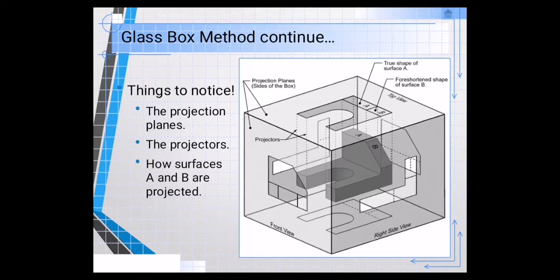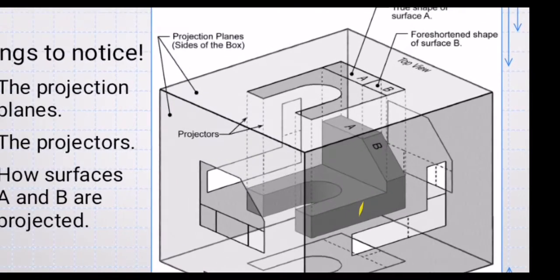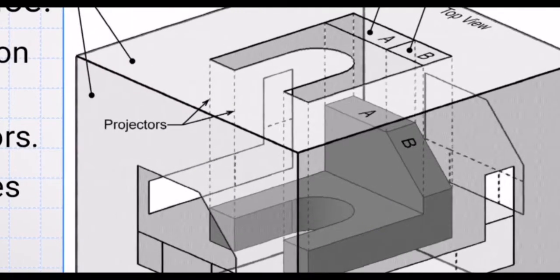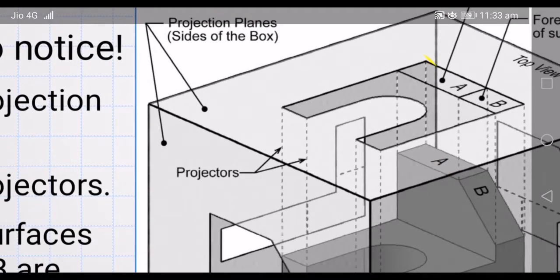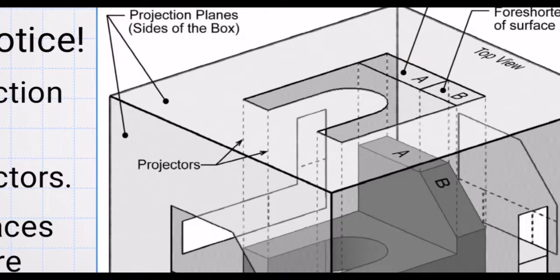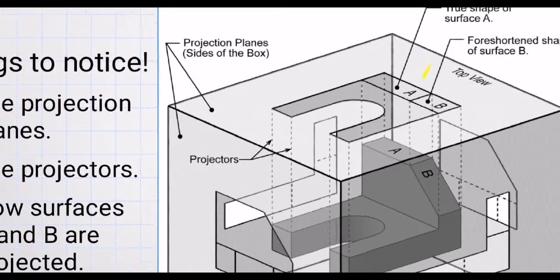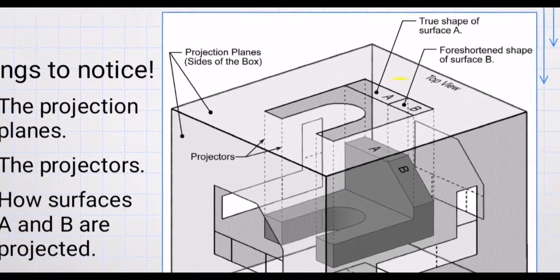Things to notice here are the projection planes, the projectors, and how surfaces A and B are projected. As we have seen, the A portion is projected on this top projection plane, and the B portion is also projected on this plane. So that gives us the front view of this object.